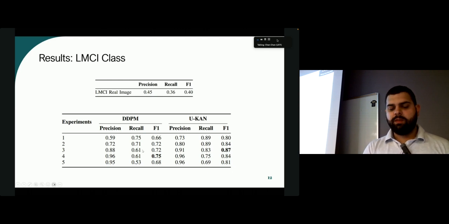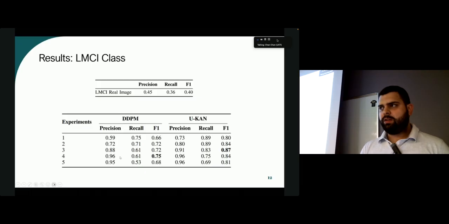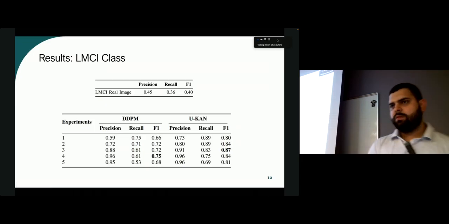For the DDPM, the best performance was at experiment 4, where it got 96% precision and 75% F1 score. And the UCAN model also got 96% precision and an F1 score of 87.